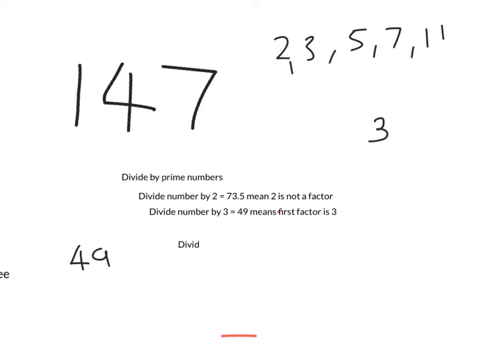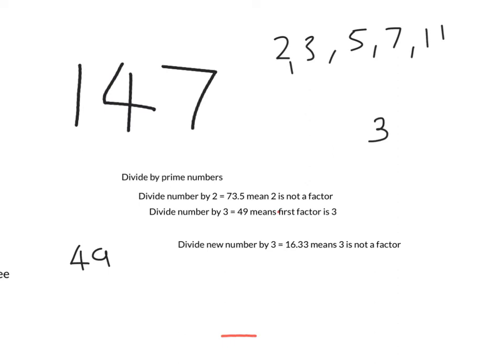So I'm going to try to divide the new number, which is 49, by 3. And dividing the new number by 3 will equal 16.33, which means 3 is not a factor.